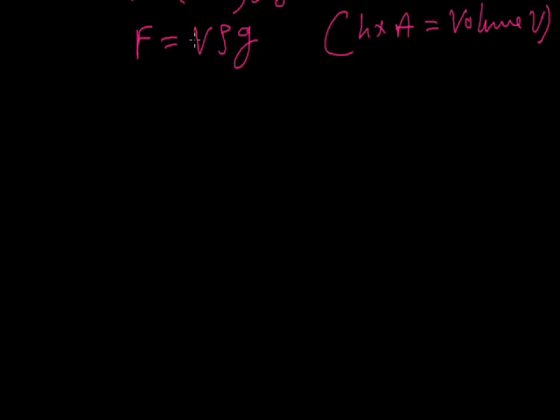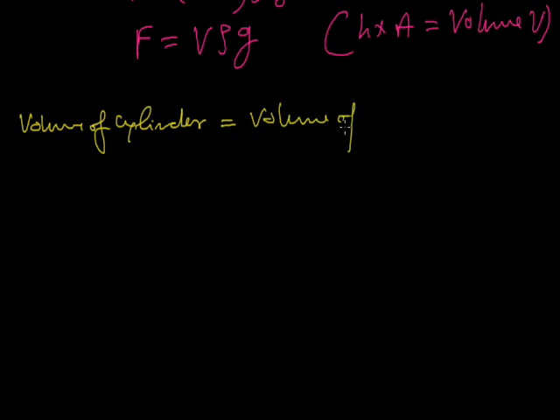This force is due to the water column, and it is in the upward direction. V is the volume of the cylinder, rho is the density of the liquid, and g is the gravitational acceleration. The volume of the cylinder is equal to the volume of the displaced liquid.